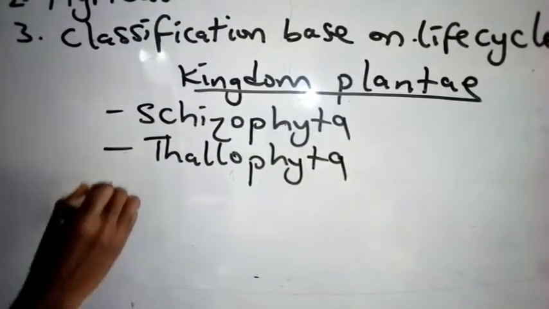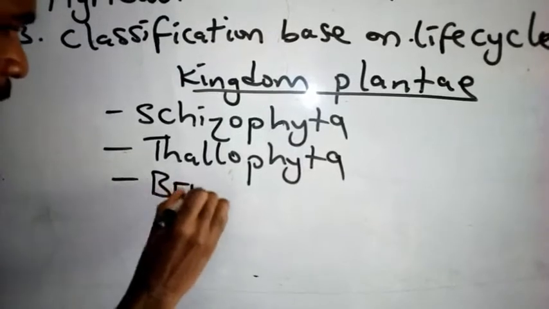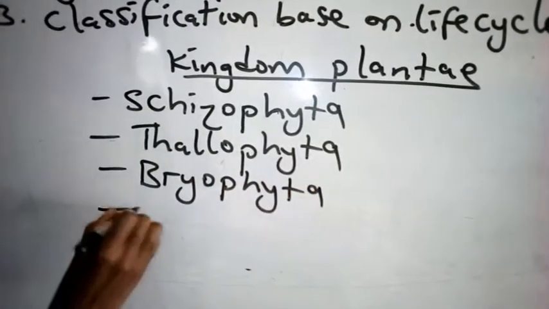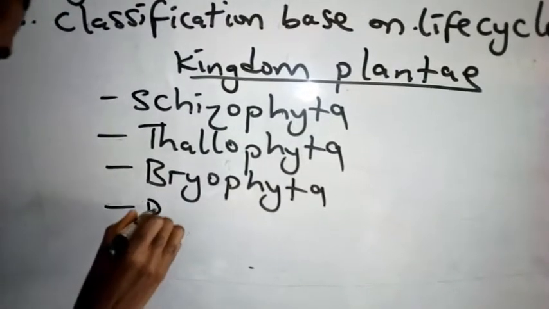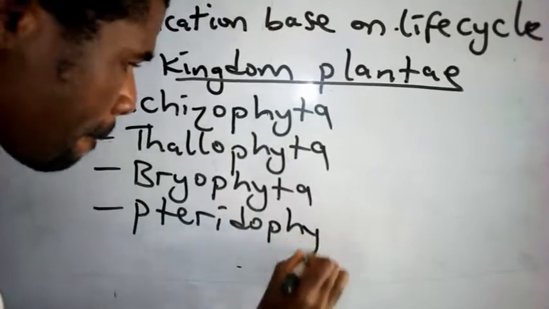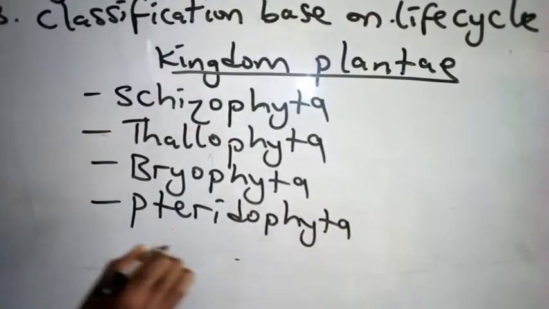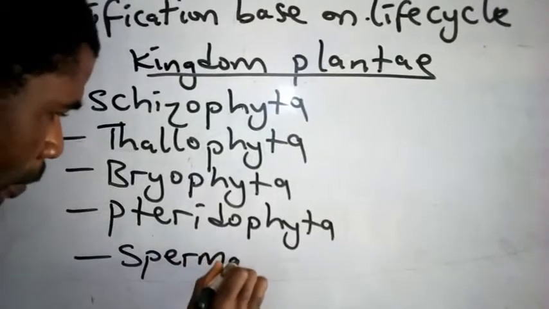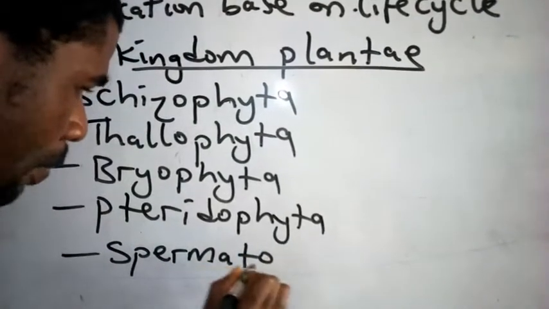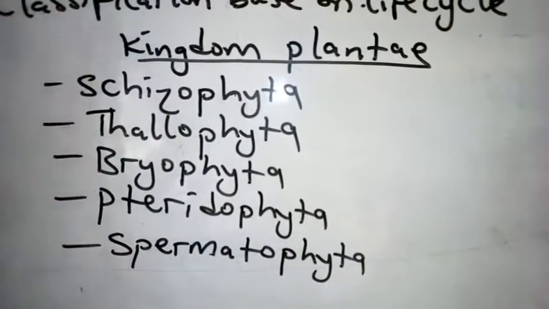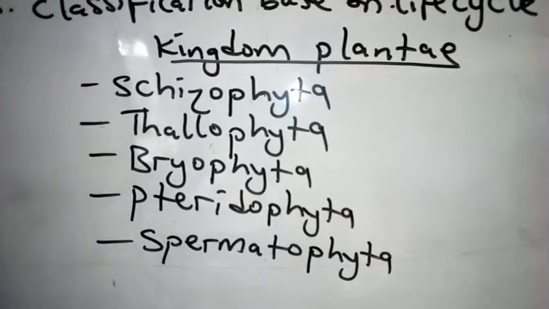After the thallophyta, we have the bryophyta. Then we have the pteridophyta. Then finally we have the spermatophyta. This is the botanical classification of plants.